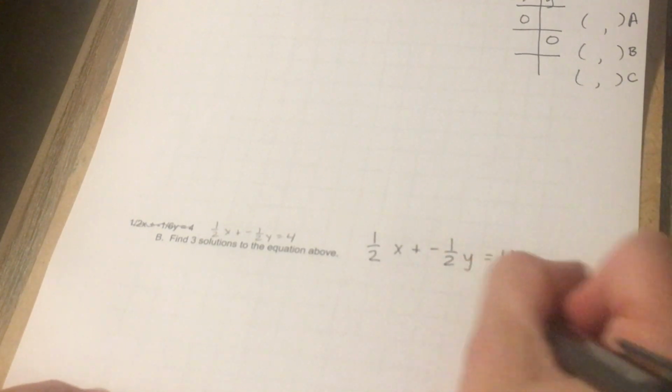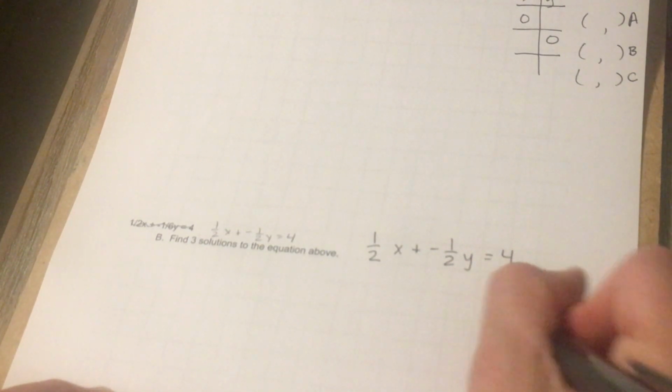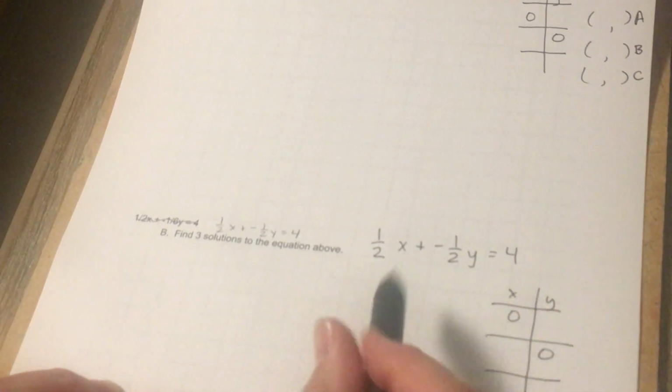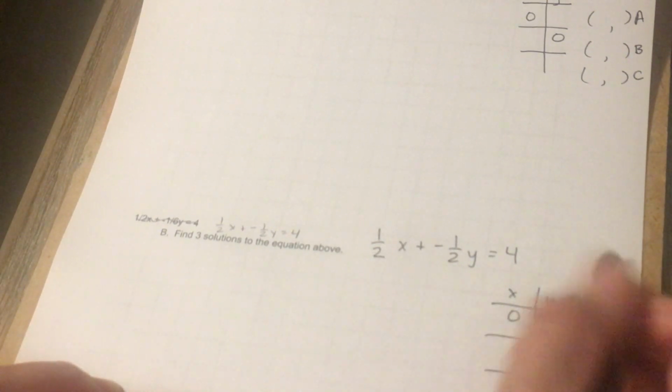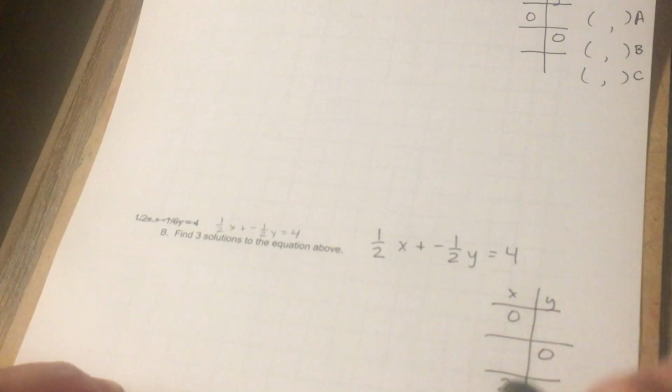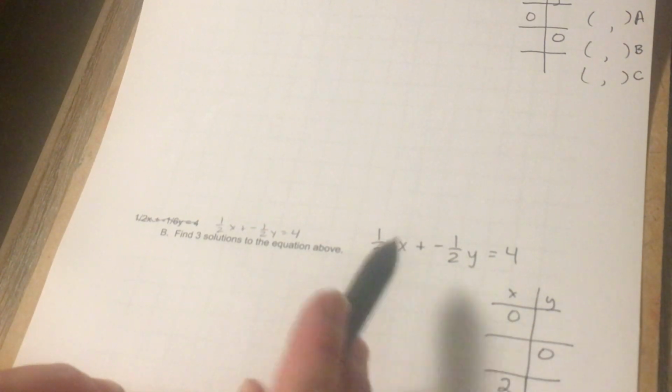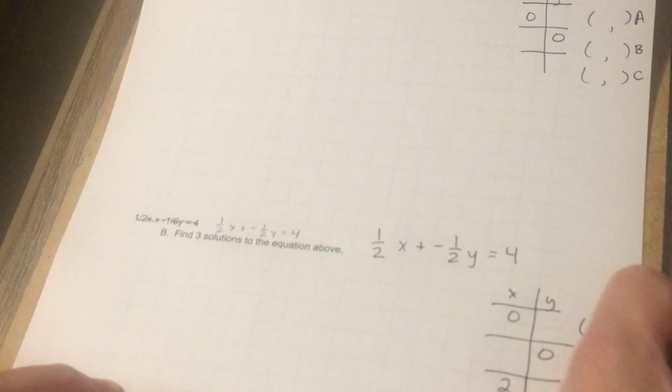Again, you're going to do your table, x, y, and I suggest a 0, 0. And this time, I suggest using 2 as either x or y, because there's a 2 on the bottom, and it might make it easier. And you're going to get 3 points again. And you might call them D, E, and F. And then you're going to put those points onto this chart.